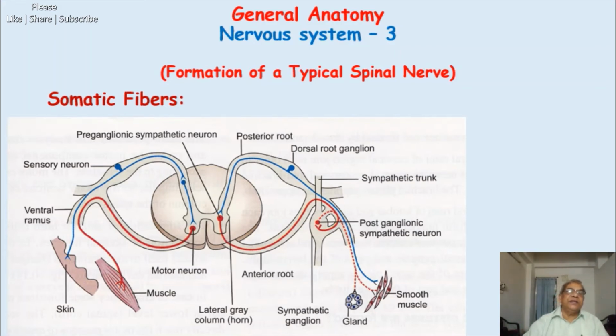Its peripheral process brings the sensation; say from skin, sensations like pain, touch and temperature are brought to this neuron through its peripheral process, and then conveyed to the dorsal horn cells of the spinal cord through the process called the central process.